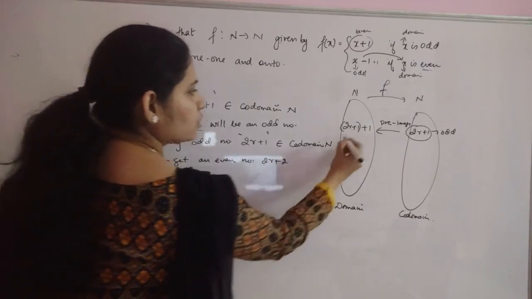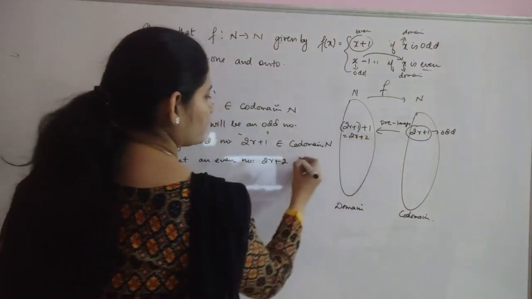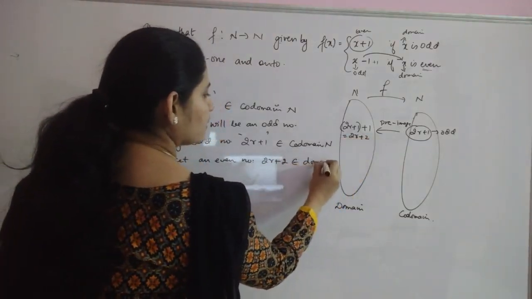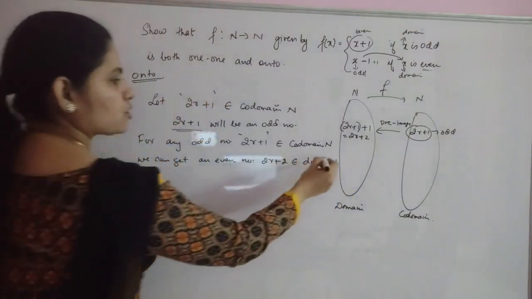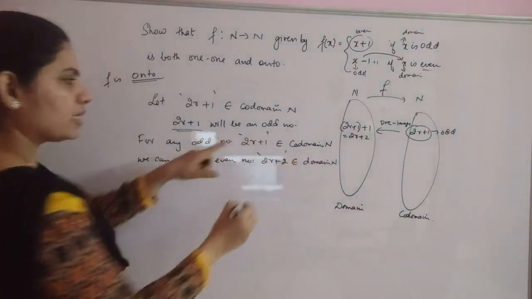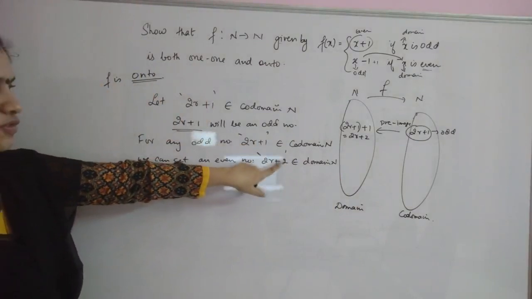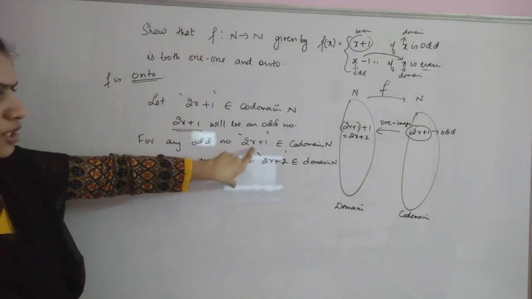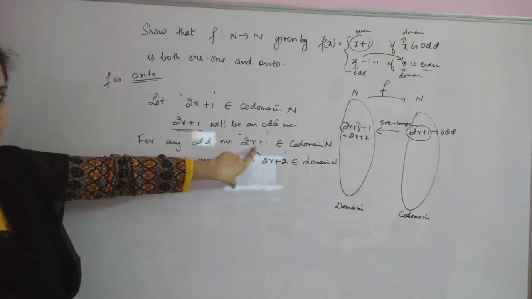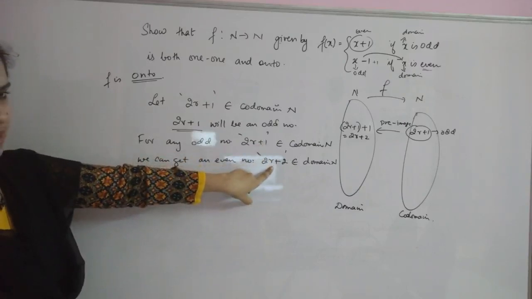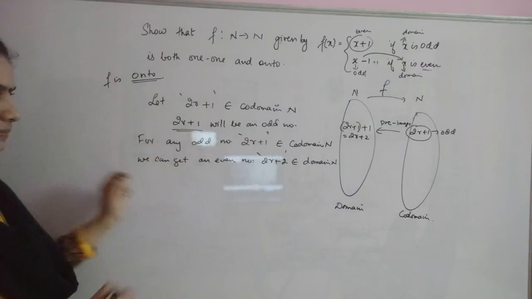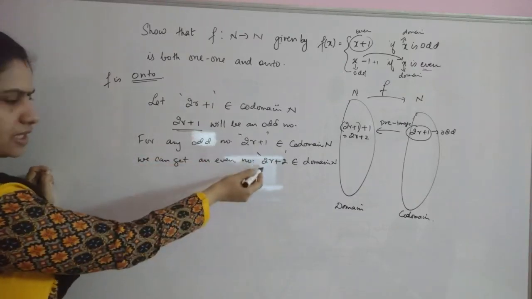This is your 2r plus 2 in the domain. So for any odd number in the codomain, you are able to find an element in the domain of that form. Suppose you are choosing 3, you will get 4 in the domain as a pre-image of this element, right?